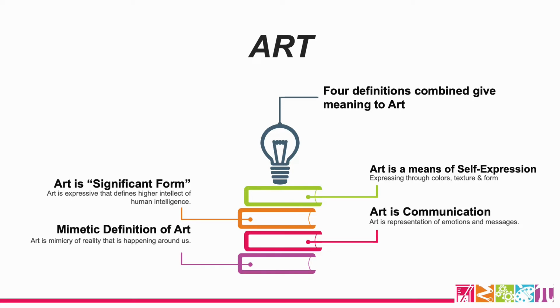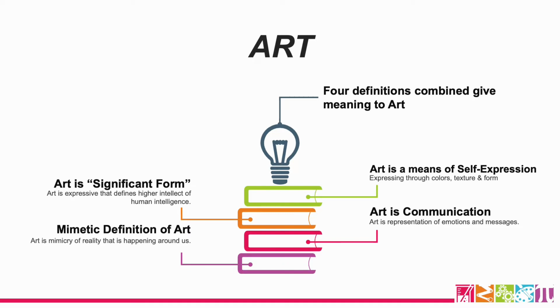The third definition of art is considering it as significant form. This term was coined by an art critic, Clive Bell. Here he describes that artwork can be expressive, even if largely or completely divorced from a recognizable reality.